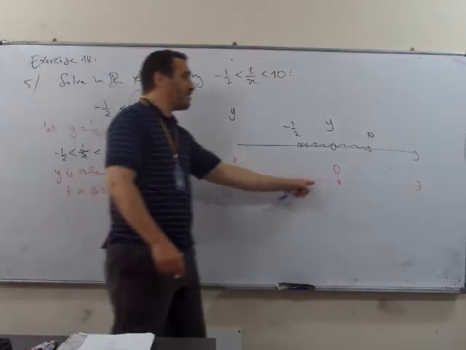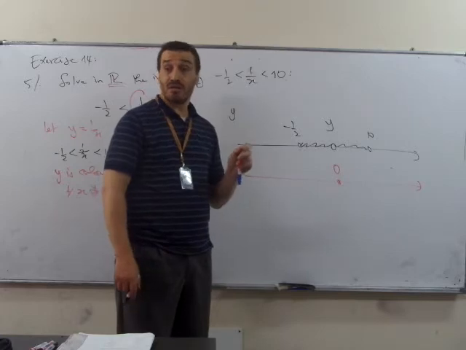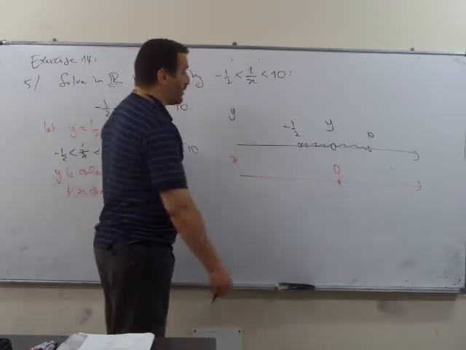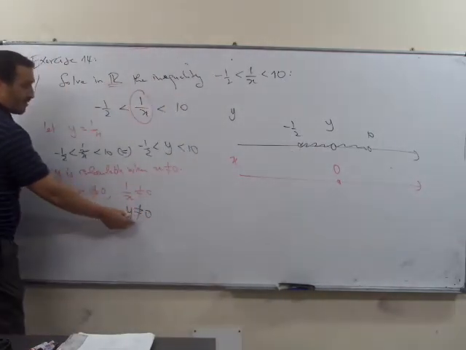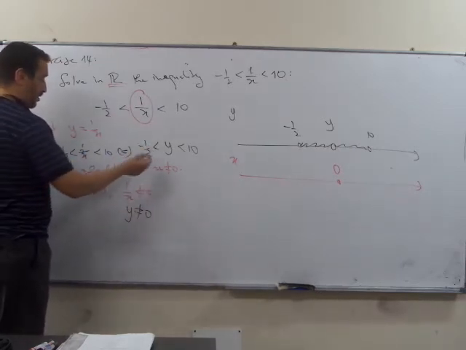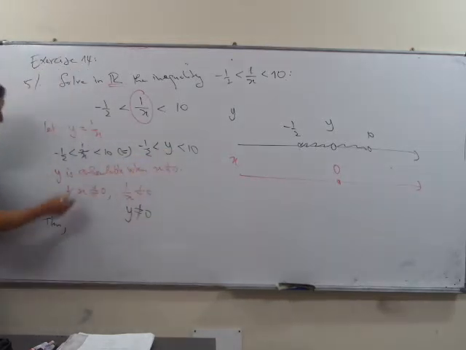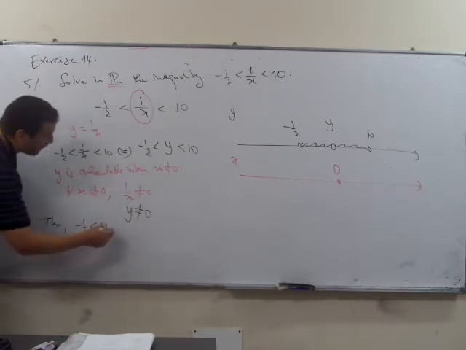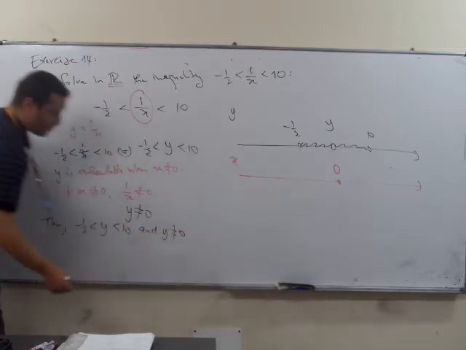Now I'm going back to the number line of y, and I'm taking out 0 as one of the possibilities of y. If I combine this information and this one, this inequality, y is more than negative half and less than 10, and y is different of 0.